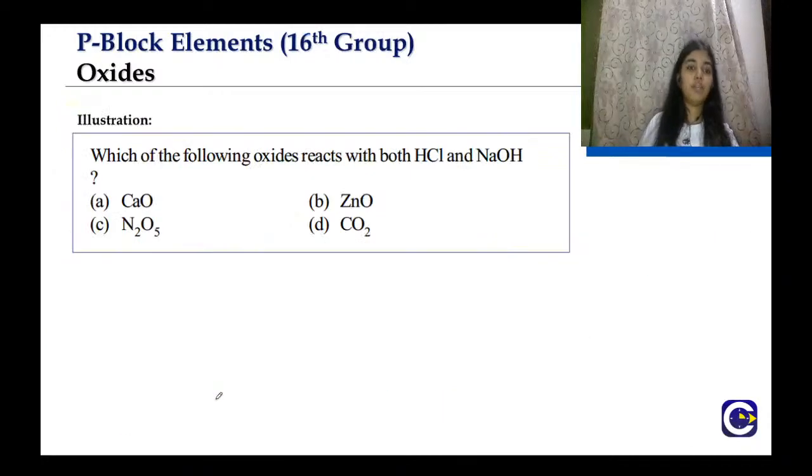Next, we will move on to the question: which of the following oxides react with both HCl and NaOH? So, which of the following will react with both an acid and a base? Anyone with the answer?